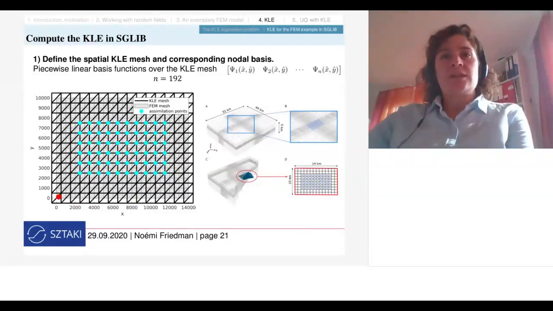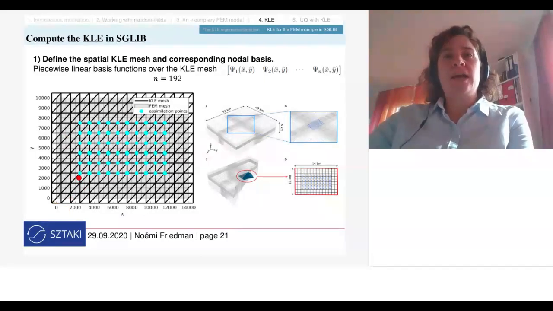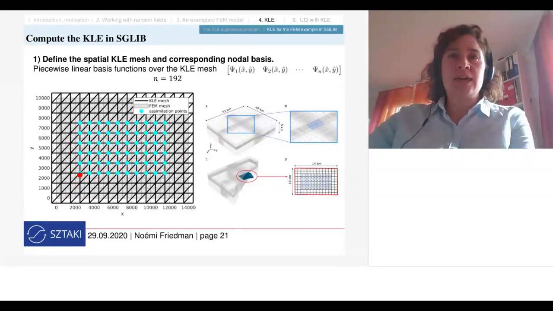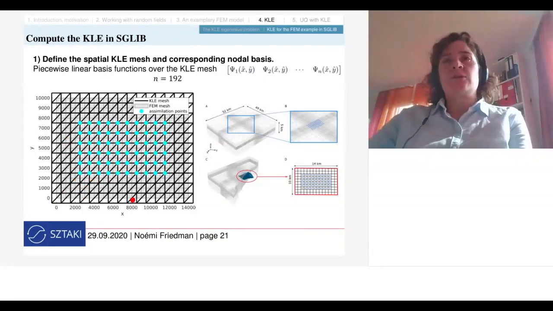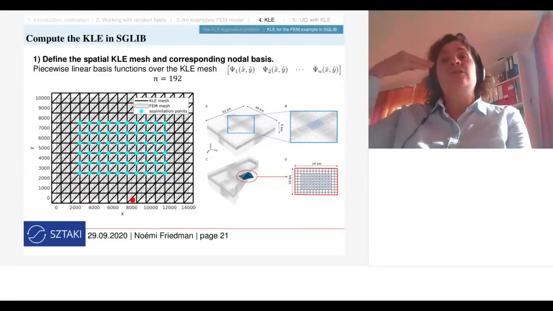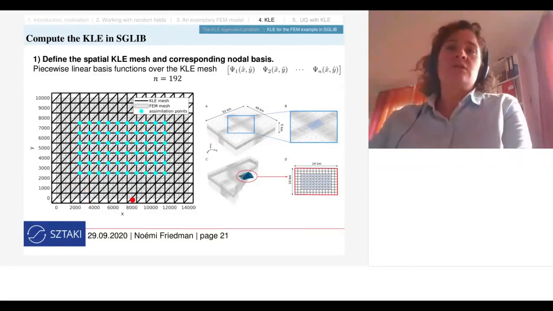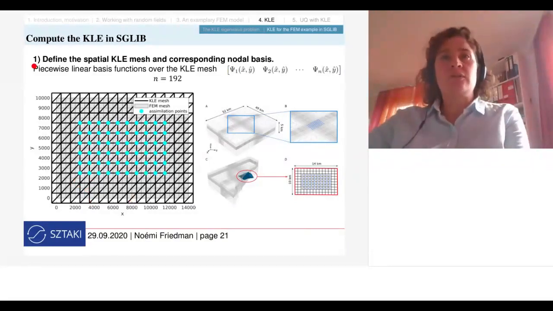So how I chose this: the finite element model that we had was using these quadratic elements. And I will need to send into the finite element model for every element one value of compressibility. So that's why I decided to have a mesh node of the KLE at the center points of the FEM element. And I decided to have triangular elements because that was the one that I had the implementation for. So this was just for computational convenience.